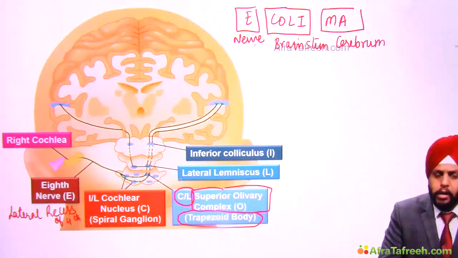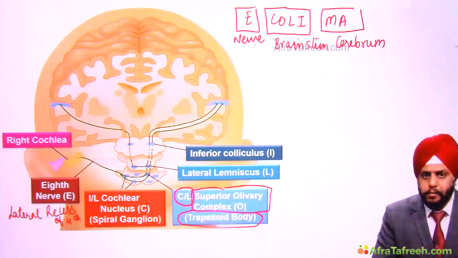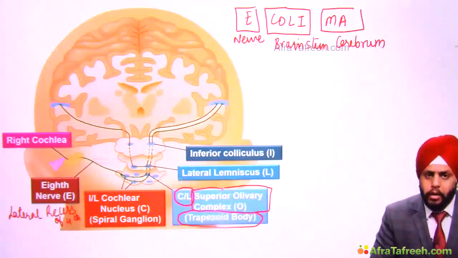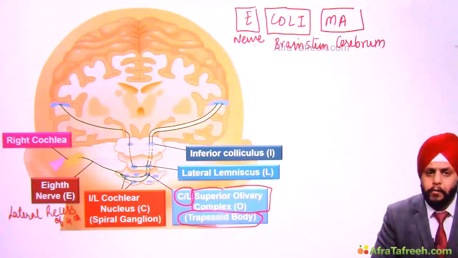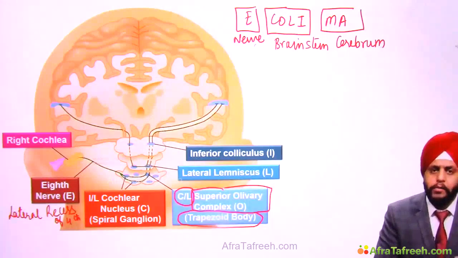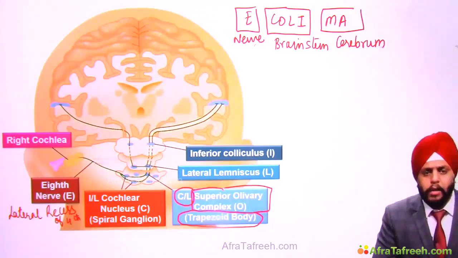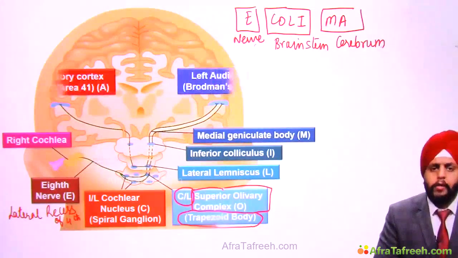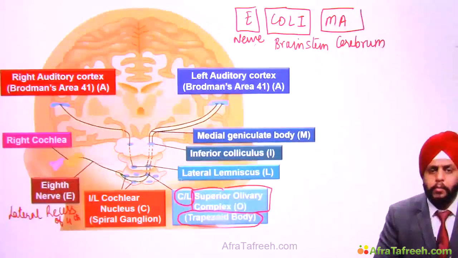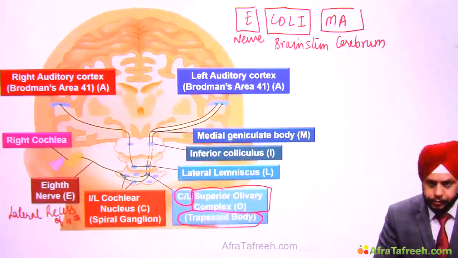So you see E. coli ma. The mnemonic not only tells you the pathway in sequence order, it also tells you which part of the pathway it is, brainstem, nerve, or cerebrum. So what is ma? M stands for medial geniculate body, and A for auditory cortex, Brodmann's area 41.